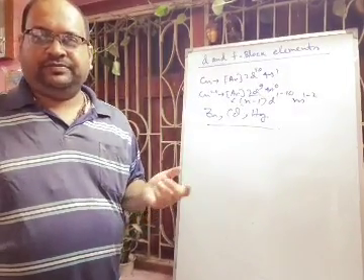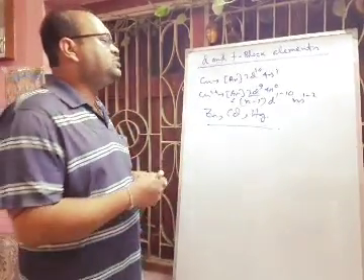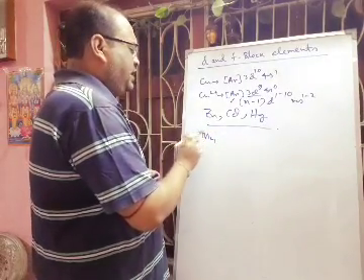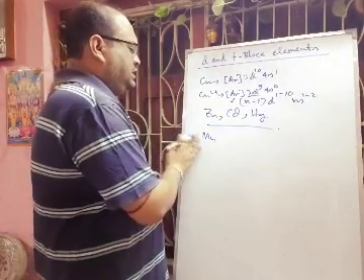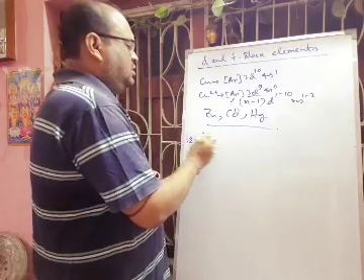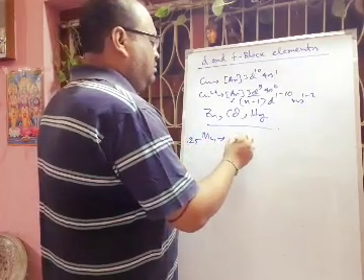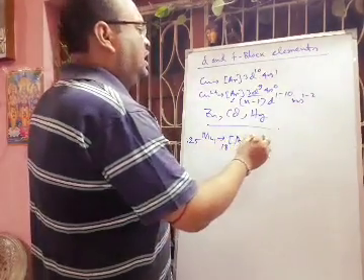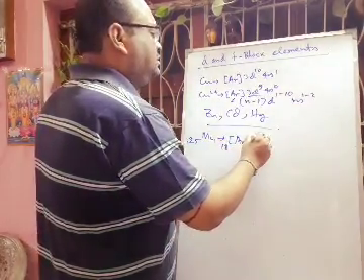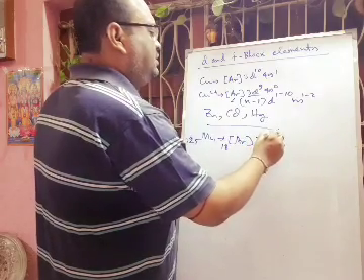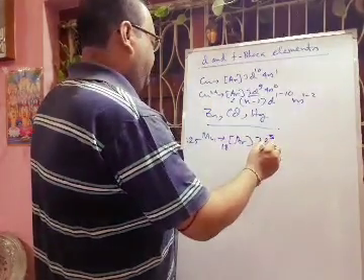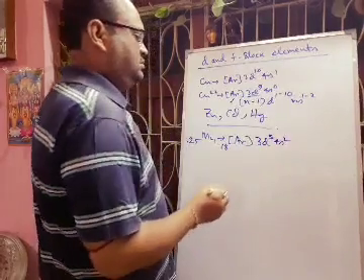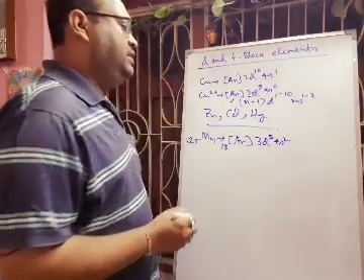Next, another example I am showing: manganese. You know that 25 electrons are there, so definitely its electronic configuration is argon, that is 18, and then 3d5 4s2.